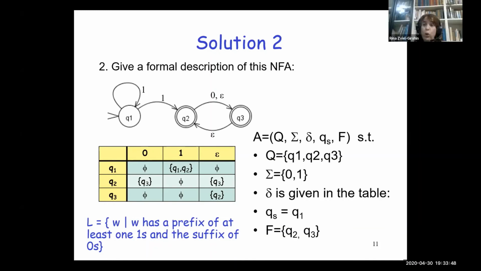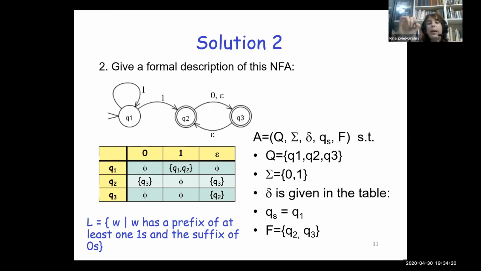If you mention only a prefix of ones, then you can have a suffix with zeros and ones combined, and it is not a correct definition. So the correct definition: you have a prefix with at least one 1. This is the transition from Q1 to Q2, at least one.